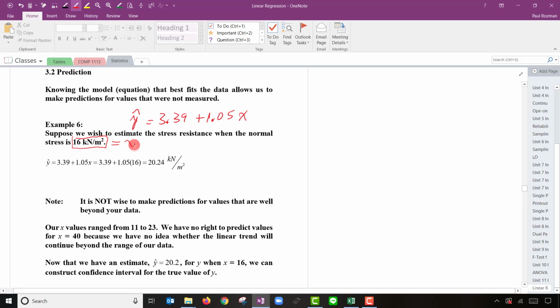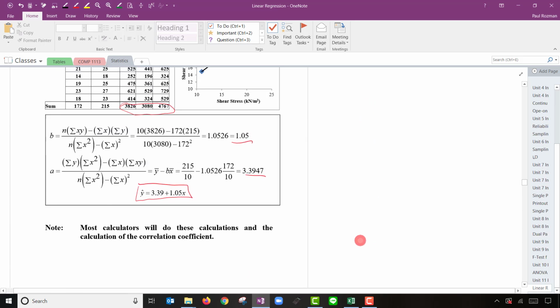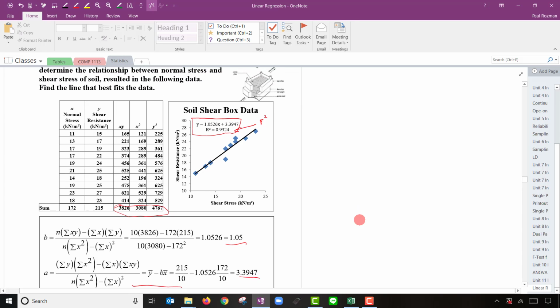So that's x. Plug that value into our model and you get 20.24. Let's see if it makes sense from the picture. So we estimated at 16. We didn't have any values around 16. And we ended up with a number close to 20.